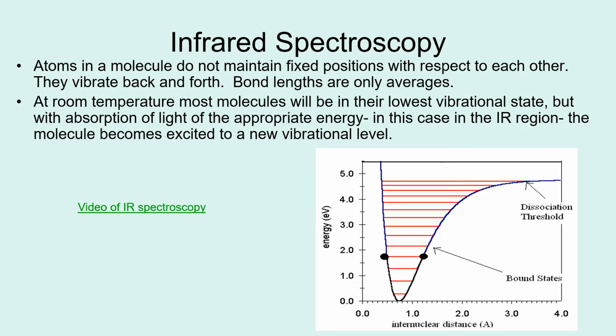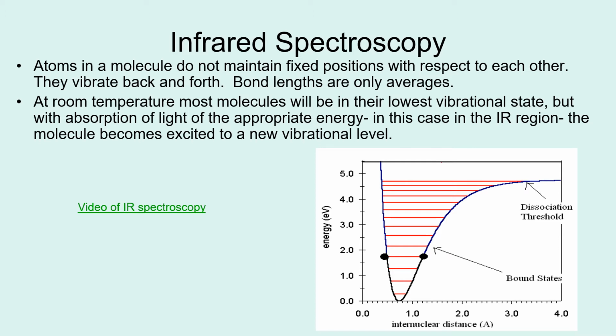Okay, so one thing to also remember about infrared spectroscopy is that when you hit a molecule with infrared light, and if it absorbs that light, what it usually does is stretch its bond. The bond will be stretching.